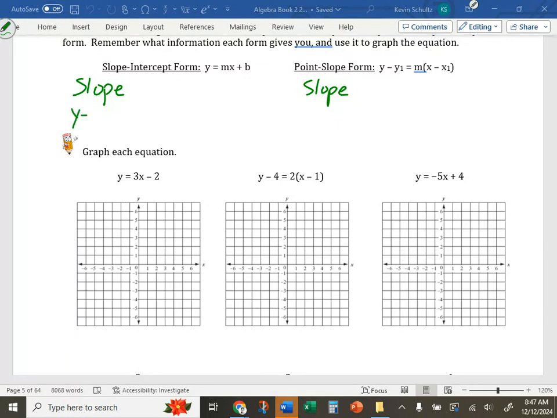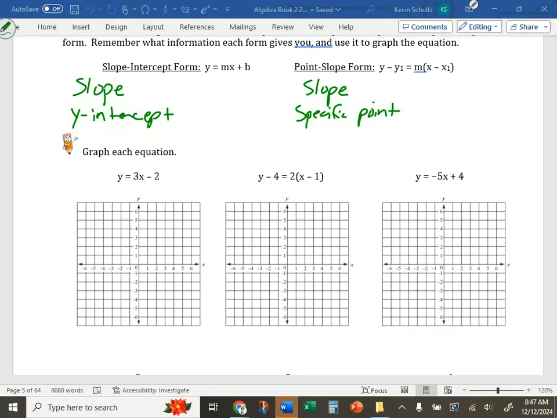It gives you the y-intercept to plot first, and then you use the slope. Point slope form gives you a specific point. Not on the y-intercept, just someplace else on the coordinate plane, and then the slope so that you can find a second point. That's the difference between them.